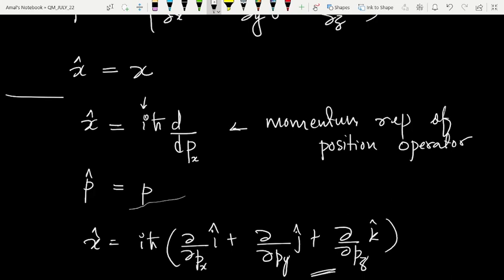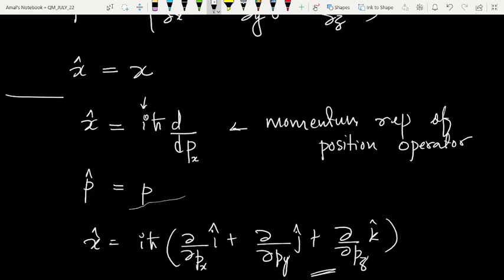Inner product in discrete basis is multiplication of a row vector and column vector. Here it is integration of two functions, and also in discrete basis operator is represented by a matrix. Here an operator is represented by a differential operator.